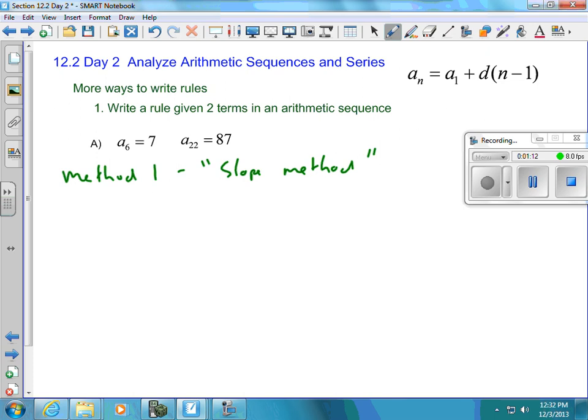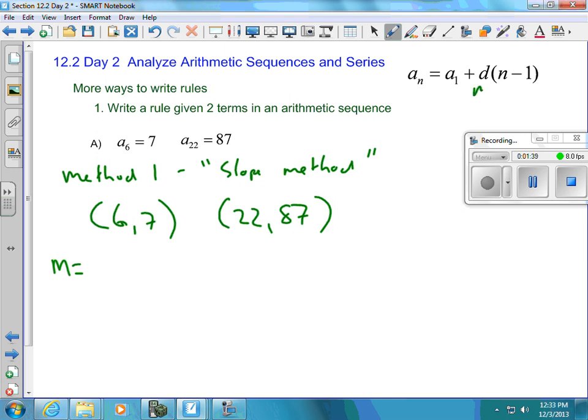Because we can count these values, a sub 6 equals 7 and a sub 22 equals 87, as xy coordinates. If you think of 6 as an input and 7 as a matching output, and 22 as an input and 87 as the matching output, we have xy coordinates. And if you remember way back when, the equation for a slope, which is the same as what part of our equation?